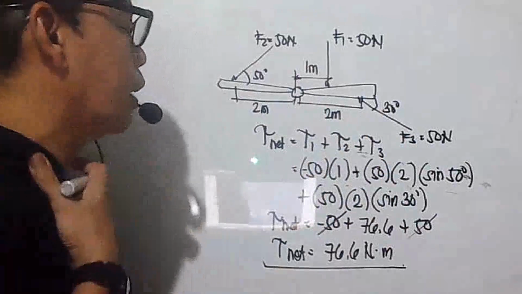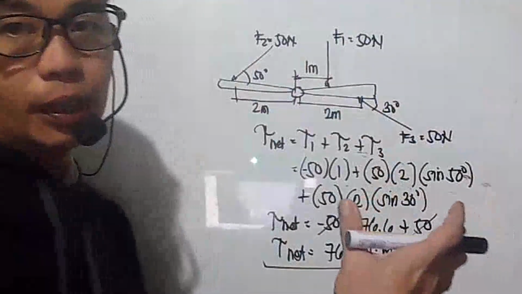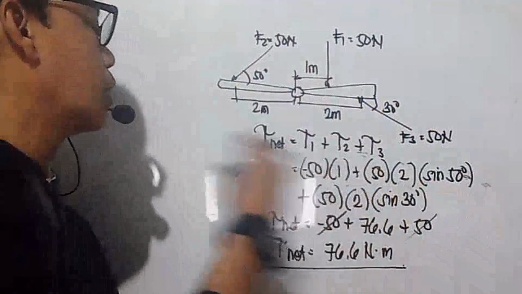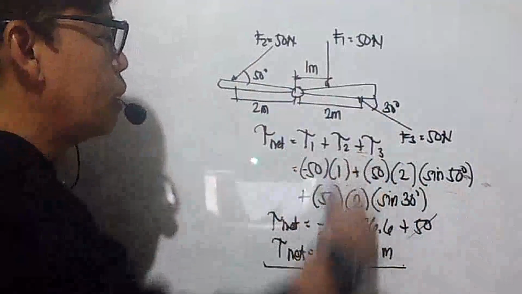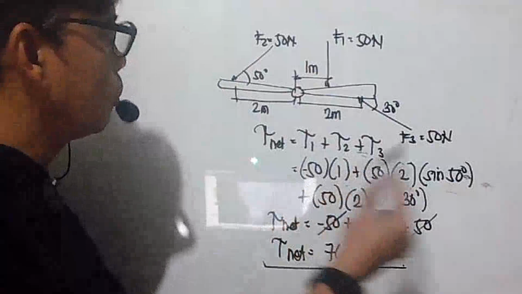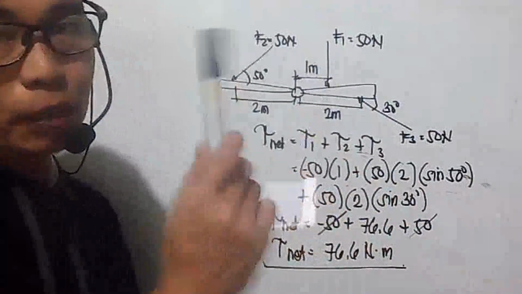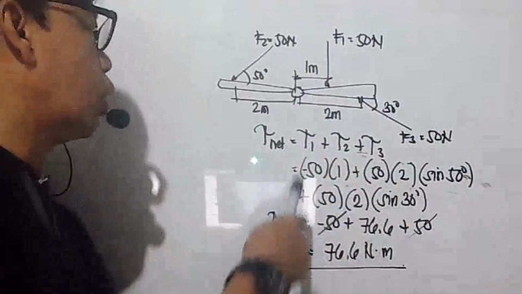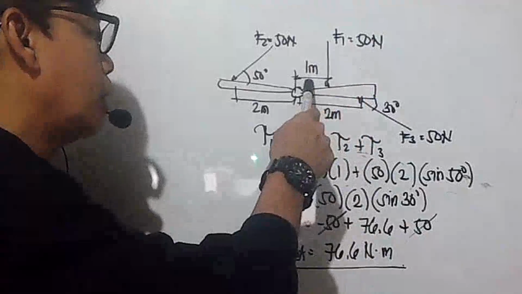Solving for the net torque, we get the summation of the three torques of the forces: T1 plus T2 plus T3. T1, there's no problem here. It's just force multiplied by the moment arm or the distance, so that's equal to 50 multiplied by 1.